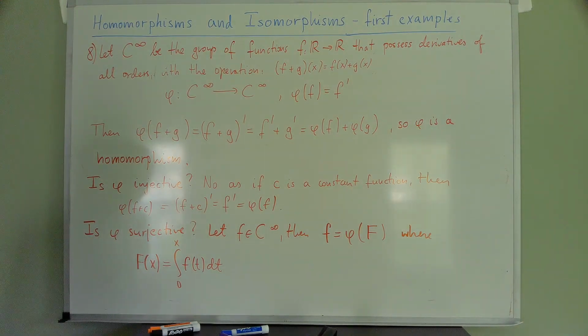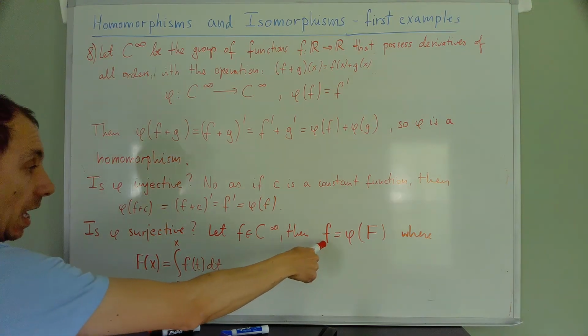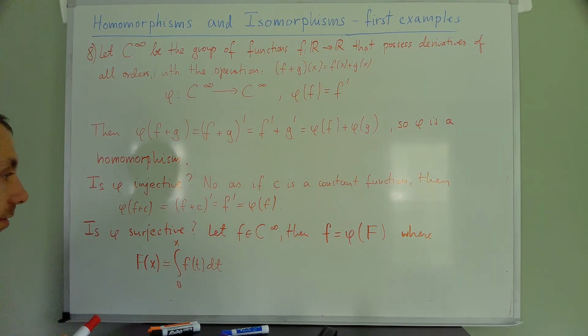What's the derivative of this big F of x? Well, remember, derivatives cancel integrals. That's the fundamental theorem of calculus. And what you get is just little f, but evaluated at this x. So yes, f is equal to phi of this big F. Right? So note.